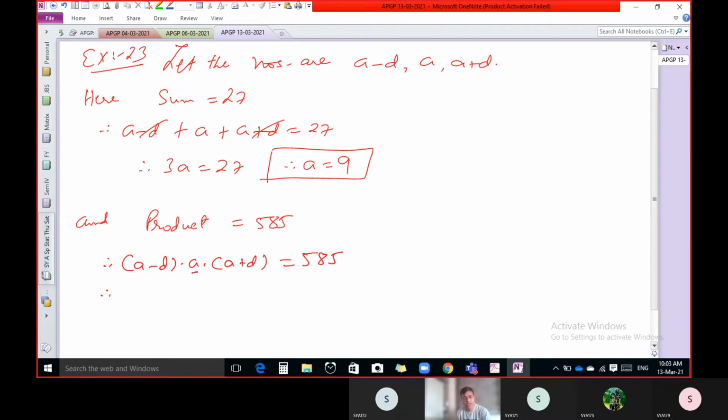Now keep this a as it is. And now tell me, what is the multiplication of a minus d into a plus d? A square minus d square. Yes, a square minus d square.